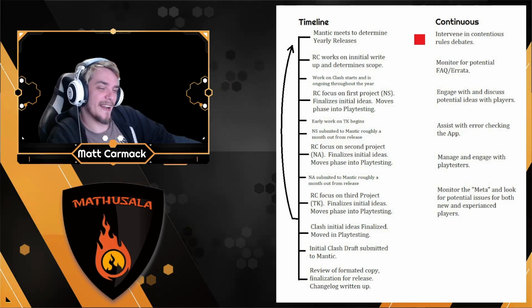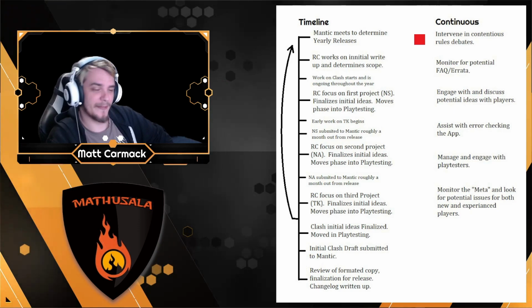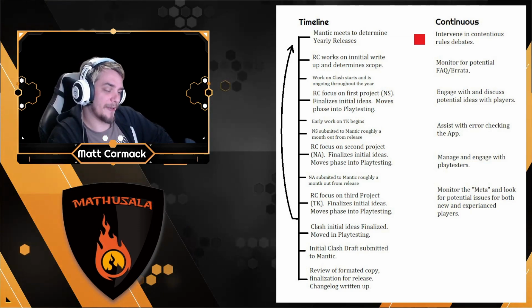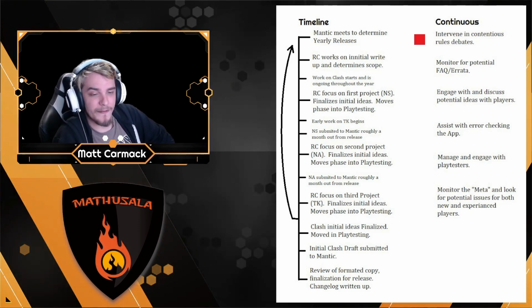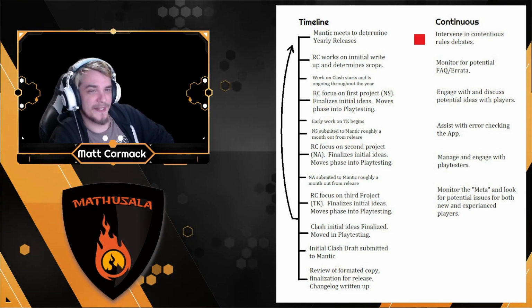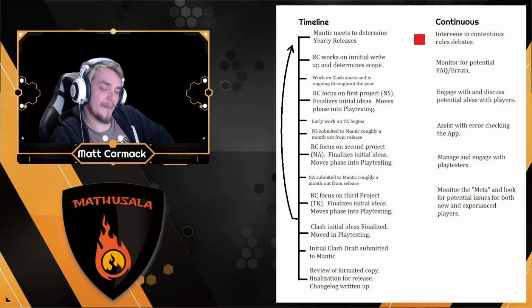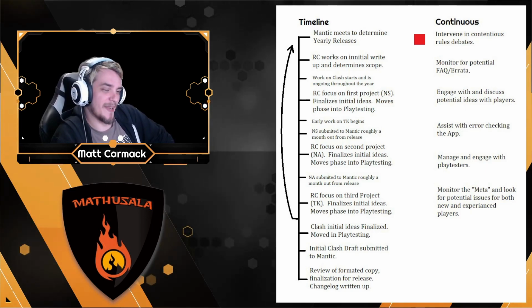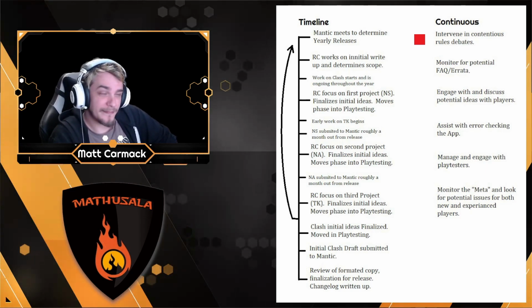We might not say something quite that crazy, but that's the idea. We'll bounce ideas off of people in the same way that other people bounce ideas off of people, because everyone's had ideas about how they'd like the game to improve at some point, or what they'd like to be different about the game at some point. That's just being a wargamer, basically.